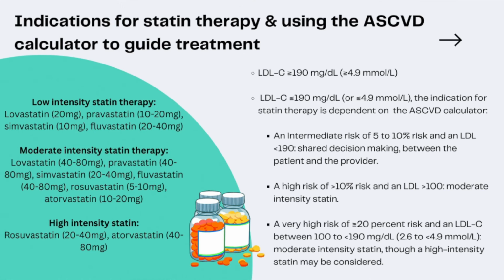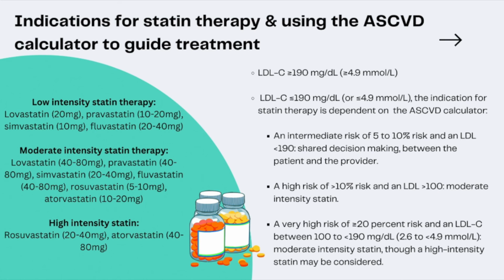So examples of a moderate intensity statin would be a 10 to 20 milligram atorvastatin or a 5 to 10 milligram of rosuvastatin. It's recommended that with these patients, we measure their LDL response at 6 weeks after starting them on their statin, and then every 12 months thereafter to make sure that they're staying compliant, that the dose is still effective, and that the patient's overall health status is still doing well.